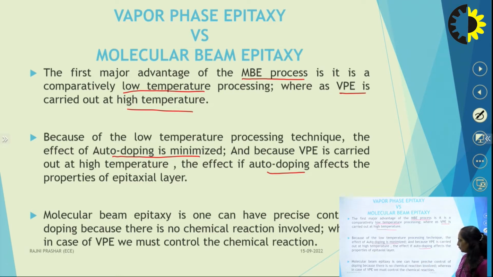Molecular beam epitaxy is the one in which we have precise control of the doping, because there is no chemical reaction involved. In VPE there are some chemical chain reactions, from silicon tetrachloride to silane, and we have to control those chain reactions. But in MBE, no such chemical reactions are involved.